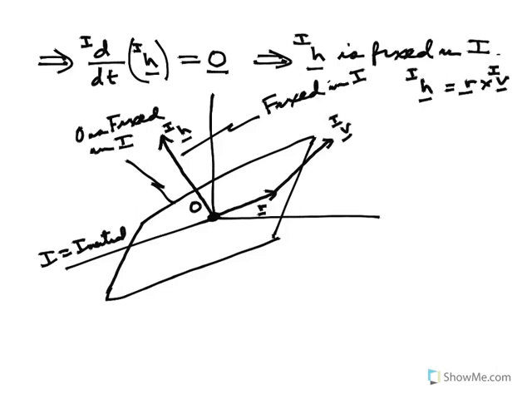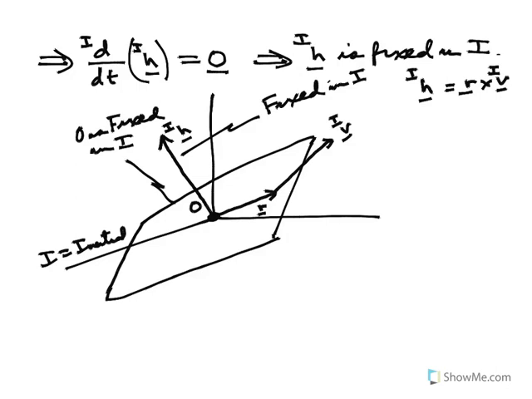Because H is the vector product of R with V_I, R and V_I have to lie in this plane, which is orthogonal to H, because that's the definition of the vector product. The two vectors that are used to form the vector product are both orthogonal to the result of taking the vector product, and those two vectors form a plane.